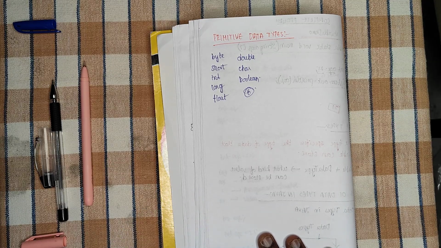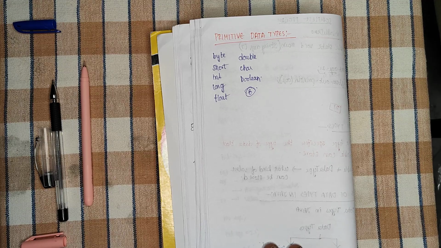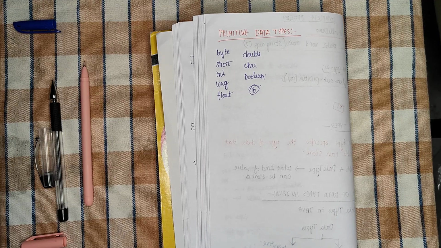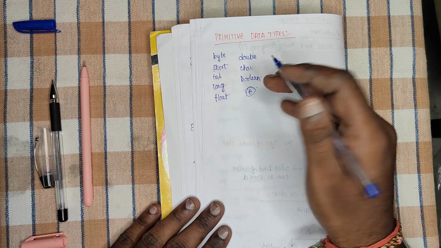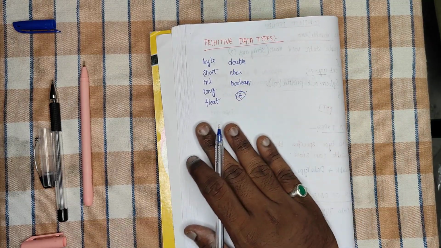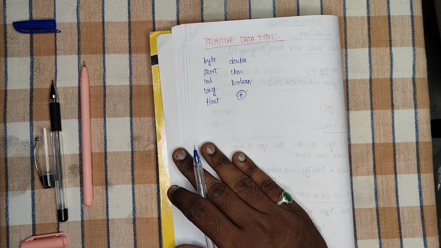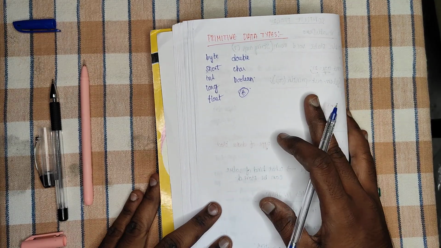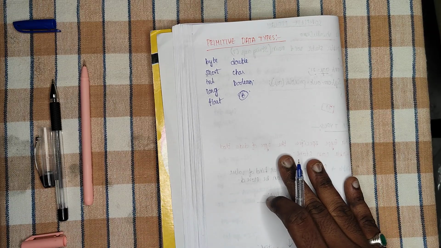You can use memory tricks like BSIL, FTCB, whatever. That's your own choice. Just remember byte, short, int, long, float, double, char, Boolean.